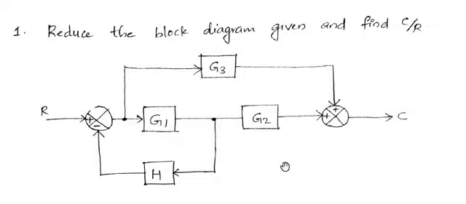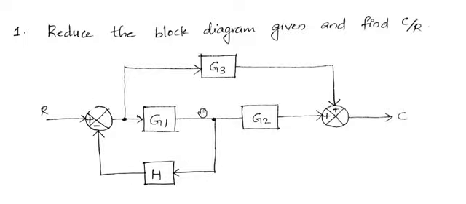Then you will also feel like we have G1 and H as a negative feedback loop. This is feedback, from the output side to the input side, and the sign here is minus, which means it's a negative feedback. You may think we can reduce this area because it forms a negative feedback loop.